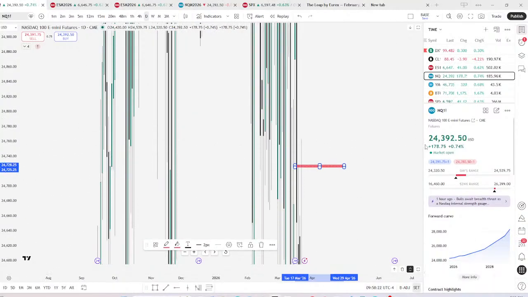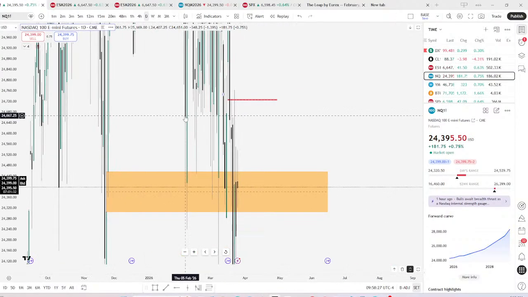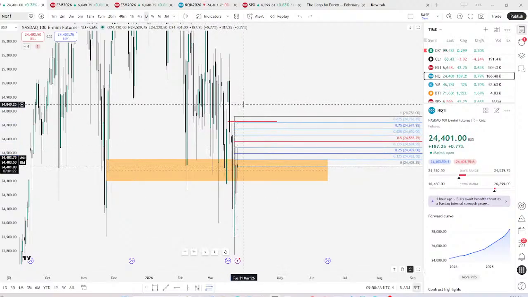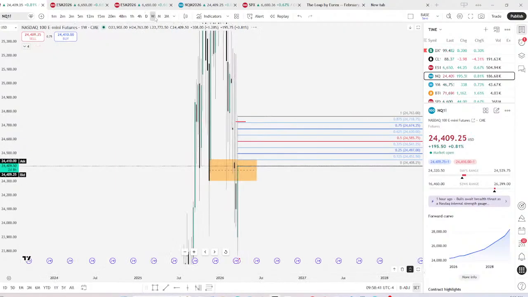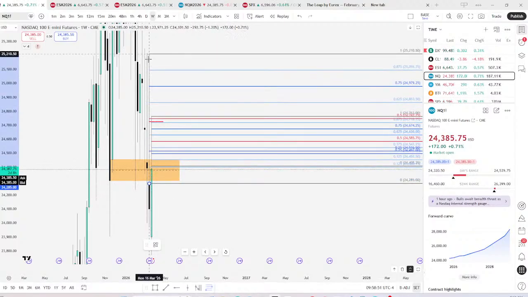Very small imbalance. And premium wick. This massive, massive premium wick.